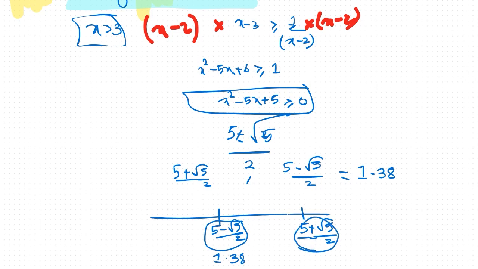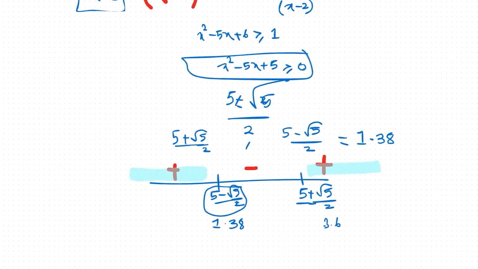And what about this? 5 plus root 5 divided by 2 is equal to 3.6. This is 3.6. Okay. So greater than or equal to 0 means this region and this region also.